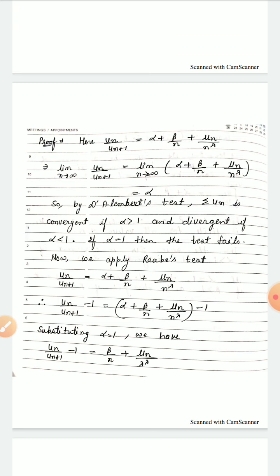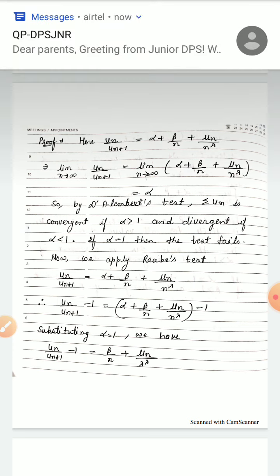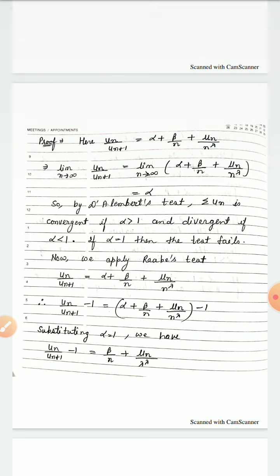So we will apply Raabe's test. So un by un plus 1 is alpha plus beta by n plus mu n by n to the power lambda. So un by un plus 1 minus 1 is equal to alpha plus beta by n plus mu n by n to the power lambda minus 1.